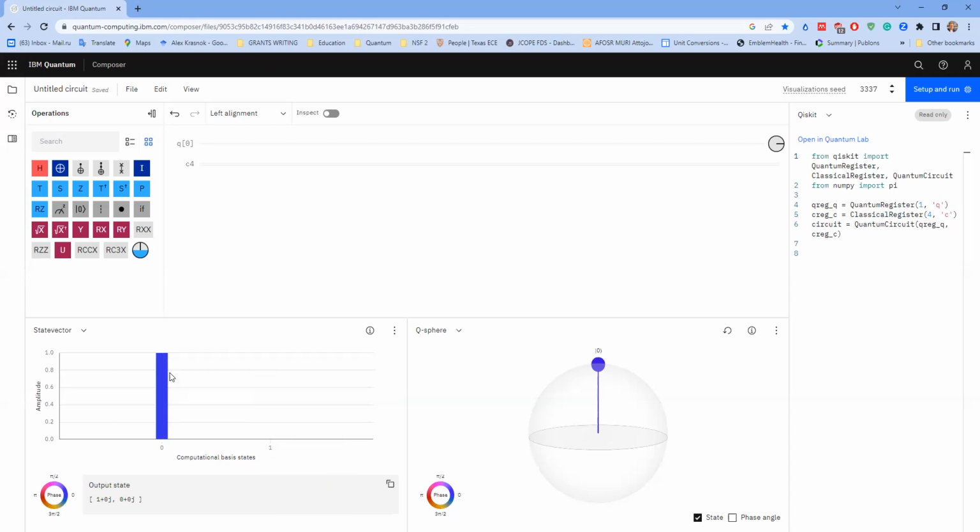State 1 is the state with higher energy. For example, you take your atom, and initially your atom is in the lowest energy state, which you denote by state 0. When you excite the atom, it jumps to the excited state, which is state 1.